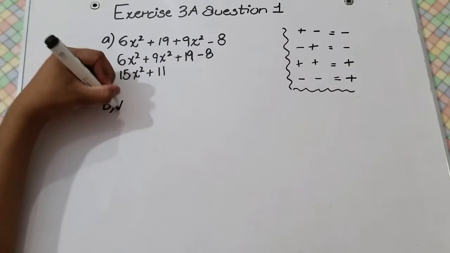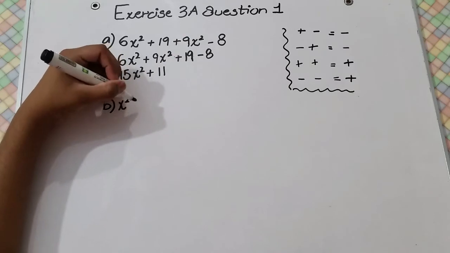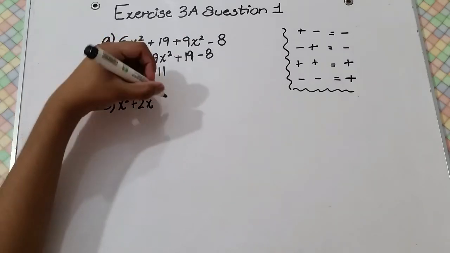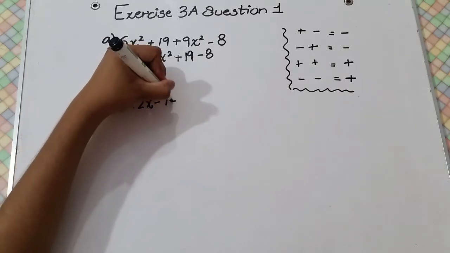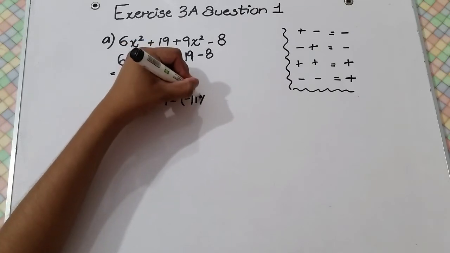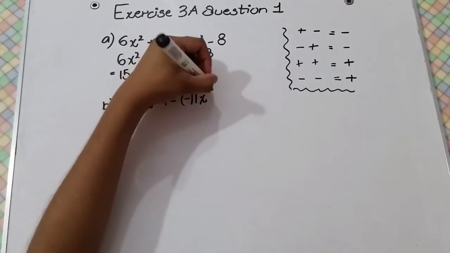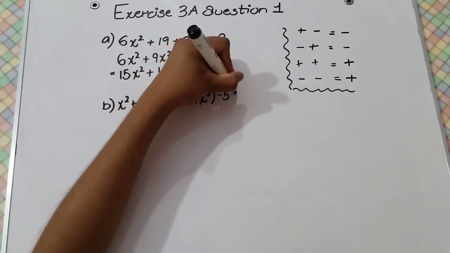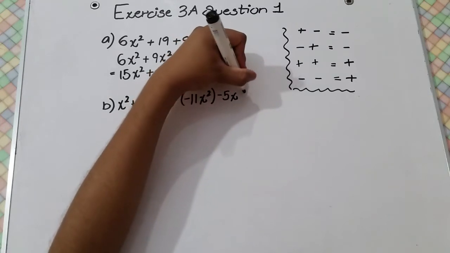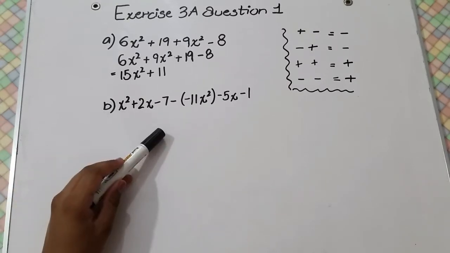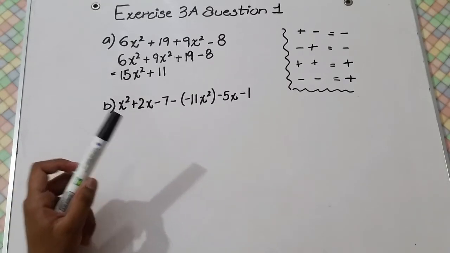Now brackets in this question are included, that is x square plus 2x minus 7, minus 11, bracket, minus 11x square minus 5x minus 1. So we are going to solve this question, and now there are brackets included in this part. So let's start solving the brackets first.